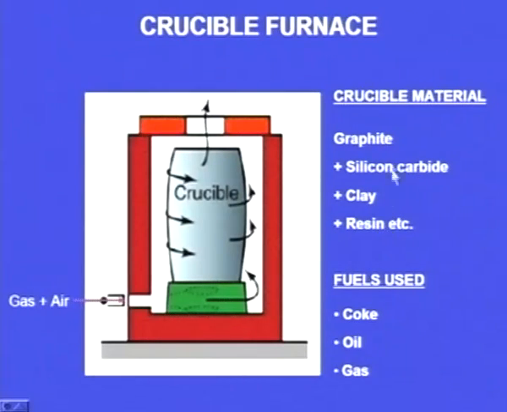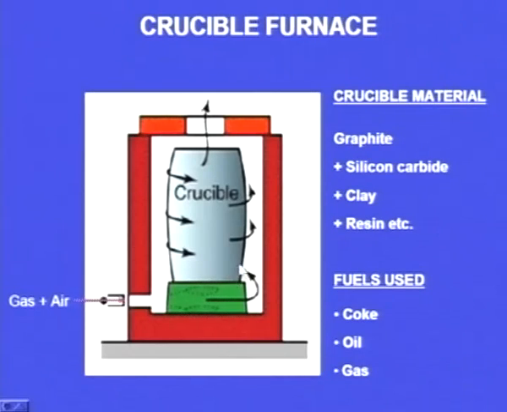The fuels used are coke, oil and gas. Here we can see gas and air is passed through this hole and burnt, and the flames are passing around the crucible. Inside we keep the metallic charge and it will be melting.